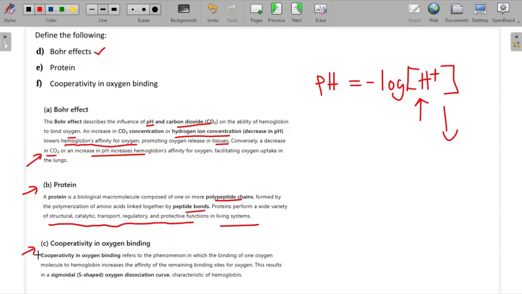The next definition is cooperativity in oxygen binding.